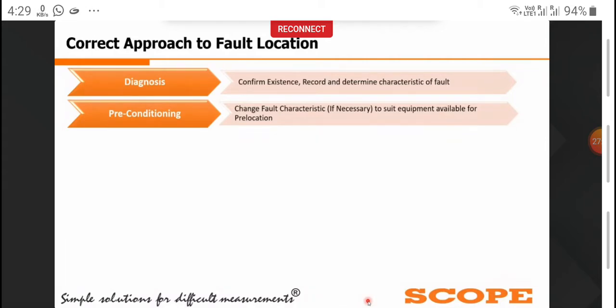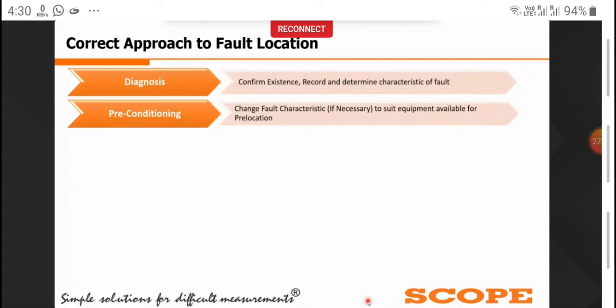After that we need to do preconditioning in some conditions. Let us consider that moisture is present in the cable. Then we have to do the preconditioning by the application of surging or burn down equipment, or by charging the line.